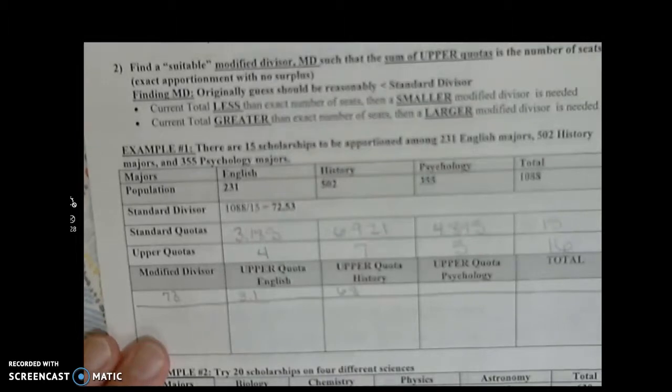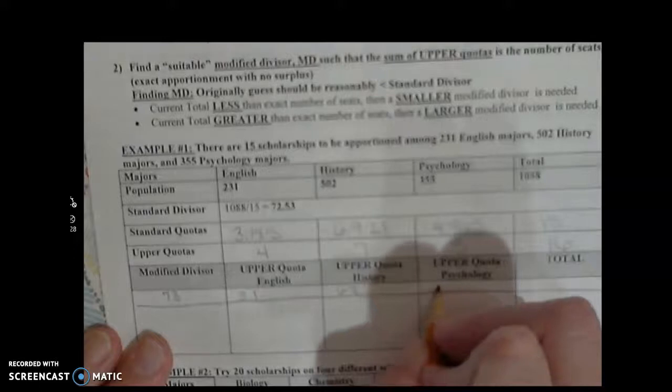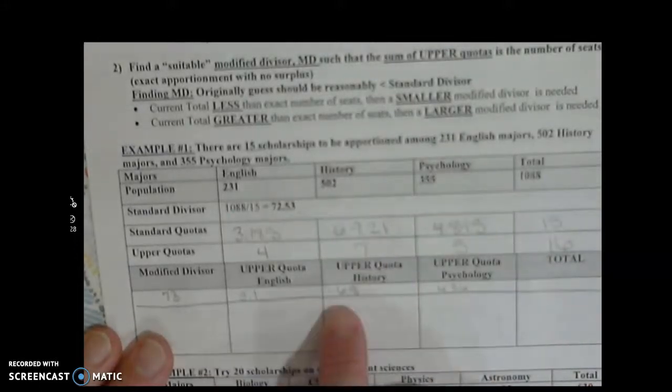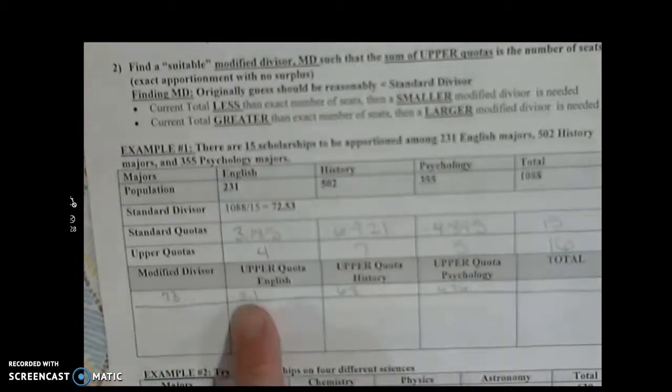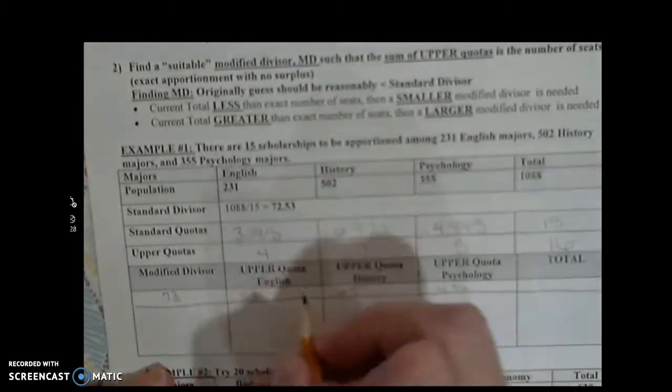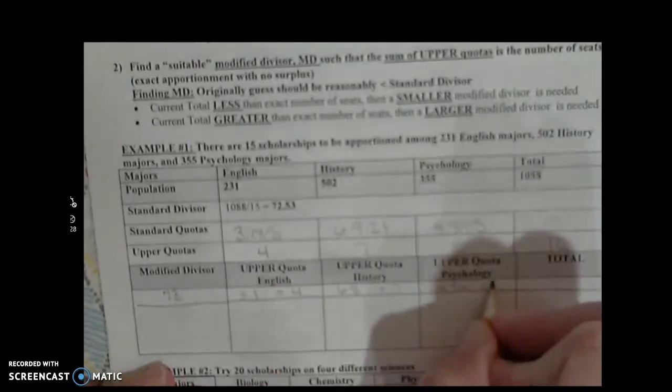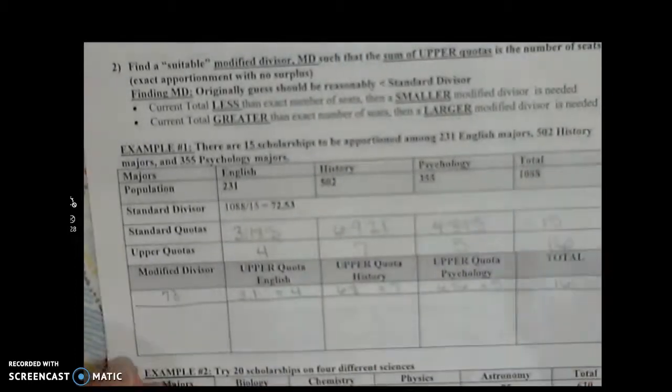And 355 divided by 73 ends up giving me 4.86. So we did lower these, but we really didn't lower them enough. Because if I do my upper quotas, that would be 4, that would be 7, that would be 5 again, which is still that 16.